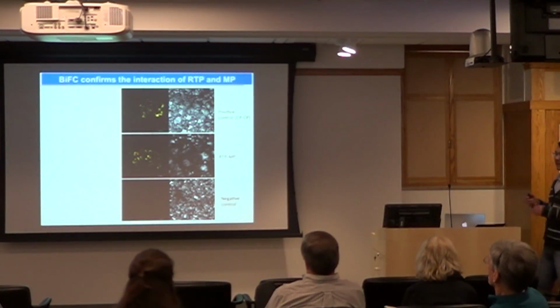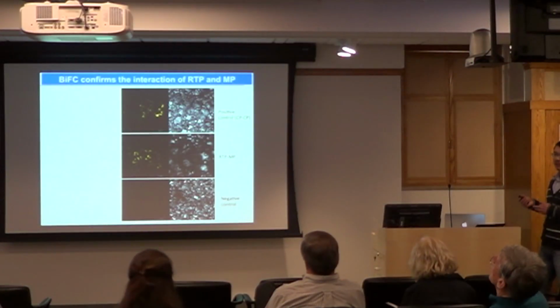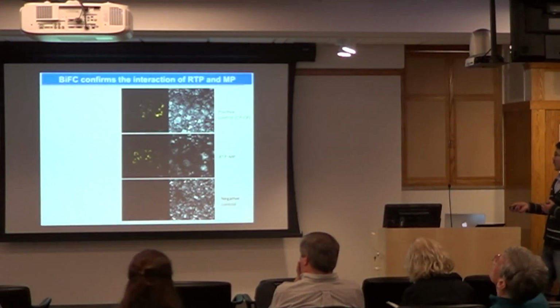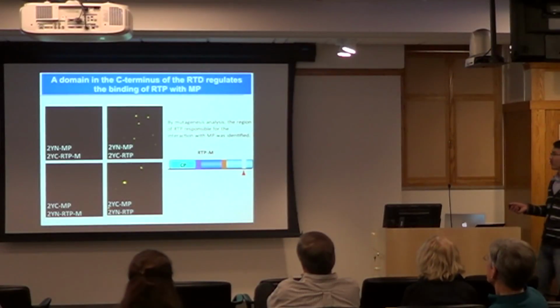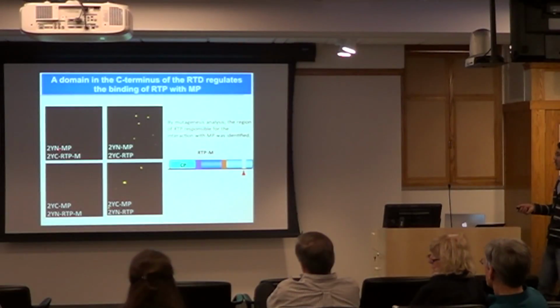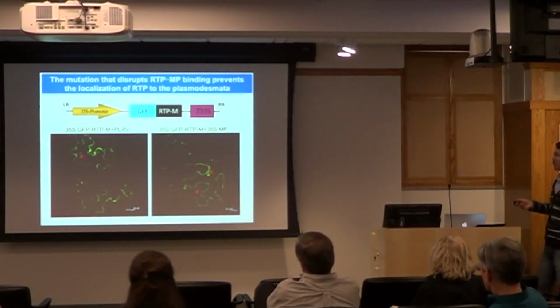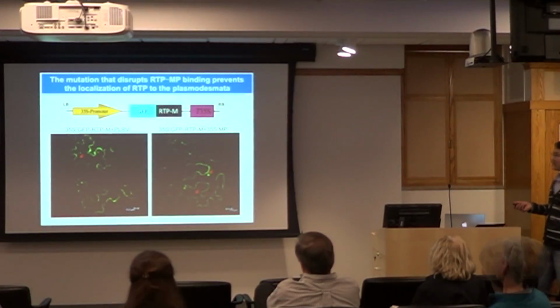So to support our idea that MP drags RTP to the plasmodesmata through binding, by mutagenic analysis the region of RTP responsible for the interaction with MP was found, and there is no interaction between this mutant and the movement protein. This is the positive control, wild type RTP. Next, we want to know what the localization meant.